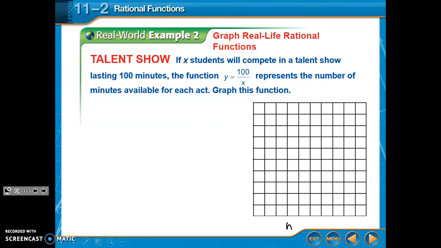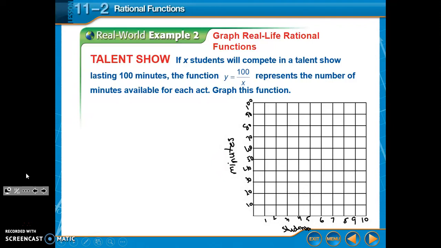So if I'm going to put my minutes down here, and then I can, let's say, go by 20s. Okay, sorry. So the students go on the x-axis and the number of minutes, because it said x represents the number of students. Okay, and y would be the number of minutes.